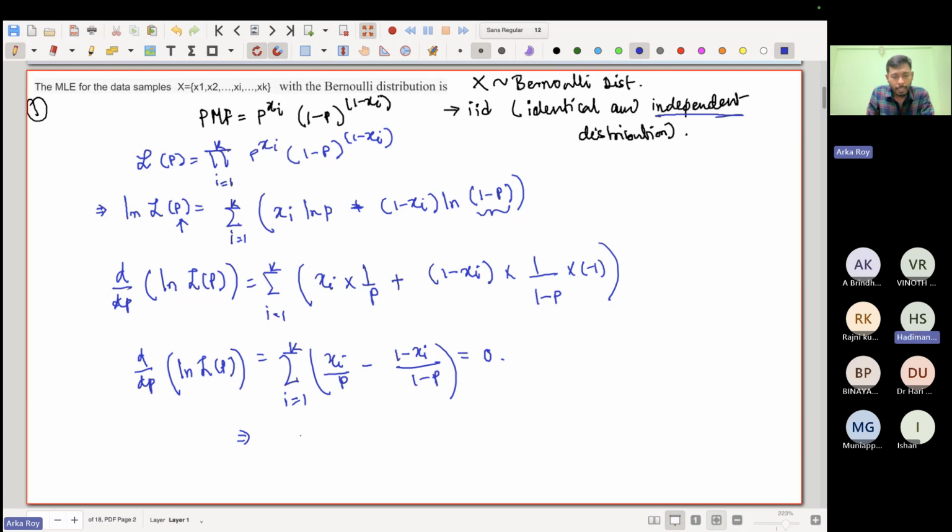So I can write it as summation of xi, i equals 1 to k, divided by p, minus summation i equals 1 to k of 1 minus xi divided by 1 minus p.